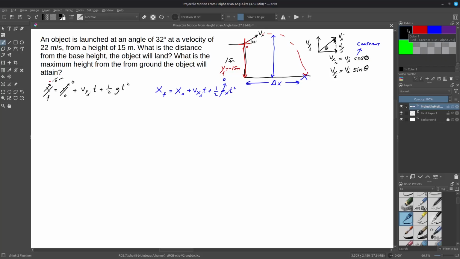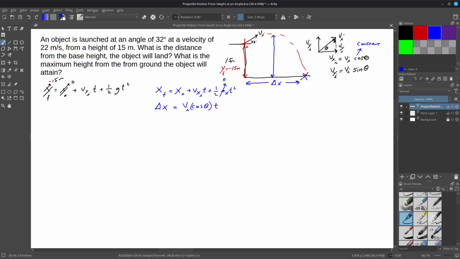So now let's look at the x direction. The x direction, well, we can move the initial velocity, so that'll be delta x, is going to be equal to v, and I'm going to change this to Vi cosine theta times t.